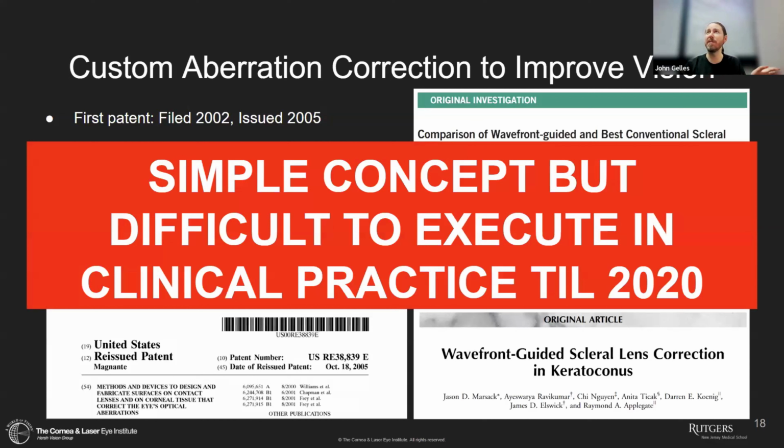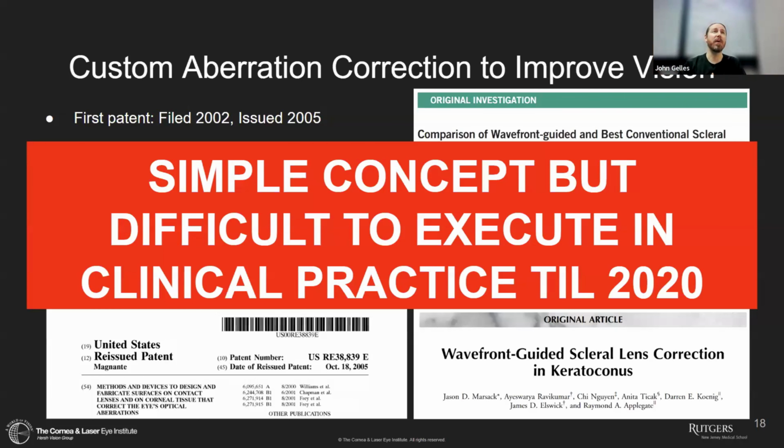We actually used these principles to be able to create wavefront guided lenses for ourselves back in like 2017. The problem was that it was extremely time consuming. We were guessing at a lot of different things, and the outcomes were very poor. Only about 1 out of 10 that we were doing on our own would actually end up with a reduction in their aberrations.